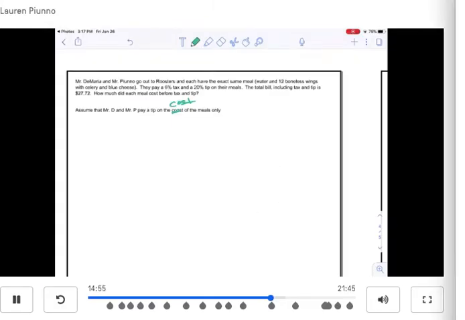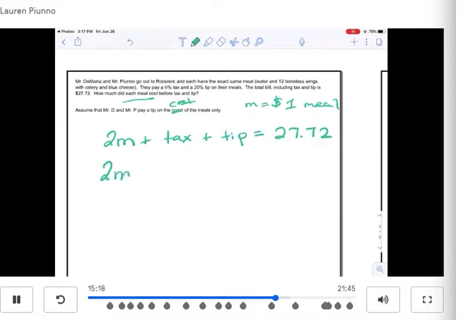And again, let's look at the question. How much did each meal cost? So I care about the price of one meal. So if we think about it, we have 2 meals, plus we have the tax, plus we have the tip, and then the total amount is this. So we have 2 meals, and the tax is 6%. Well, 6% as a decimal, but it's 6% of the 2 meals.